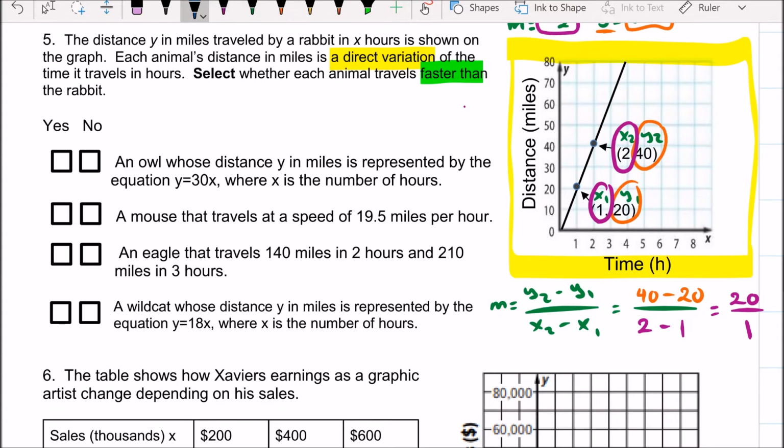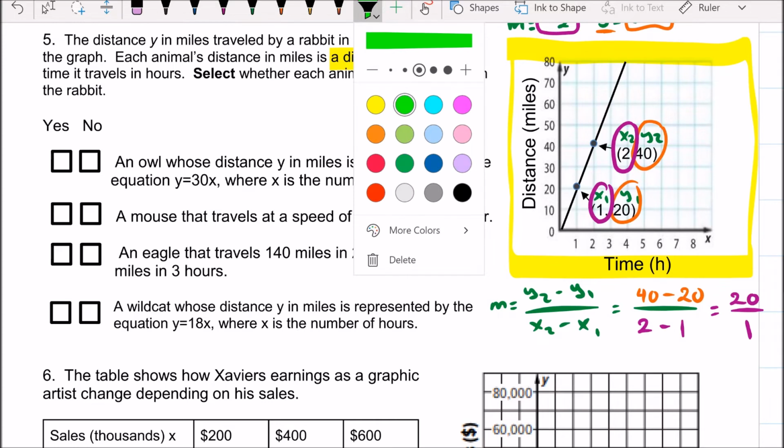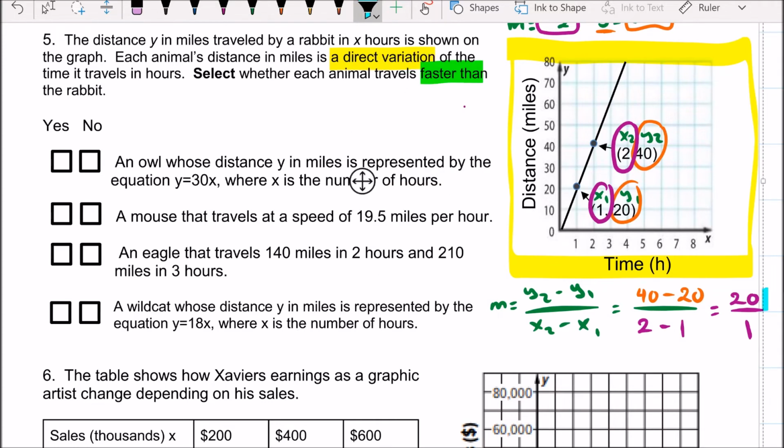Before we answer each question, we need to understand what it means when you write 20 over 1. 20 comes from the y value. Let me highlight this so you can see what I'm talking about. The 20 right here comes from the y value, and y represents the miles.